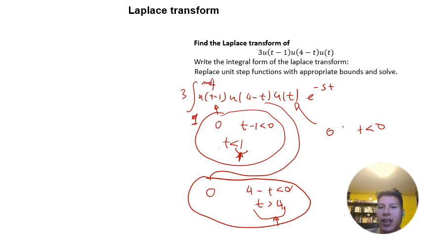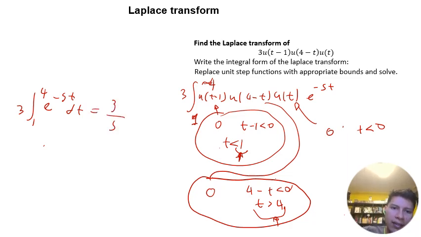And now we just have to do the integral. So we're going to have the integral from 1 to 4 of e to the negative st dt. That's going to be equal to 3 over s times negative e to the negative st evaluated at 1 and 4.